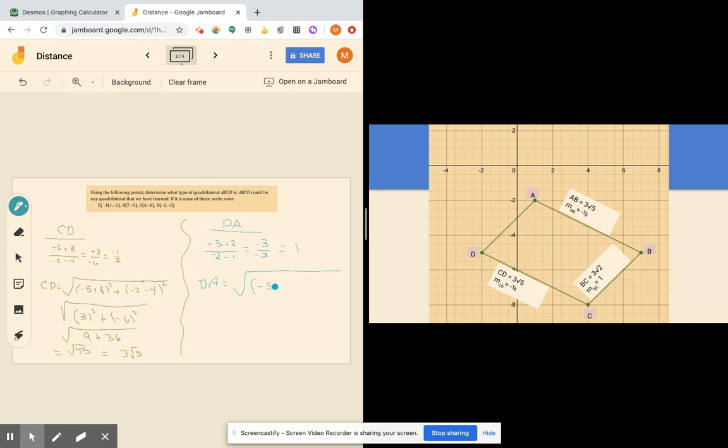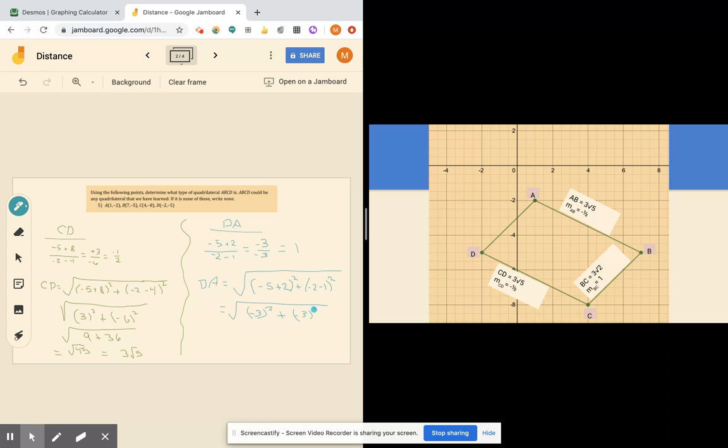And then for your distance, or the length of DA, same thing again, negative 5, it ends up being positive 2. But this time, once you do that, you're going to square it, and you're going to add that to the difference of the y's squared. And that's negative 3 squared plus negative 3 squared.